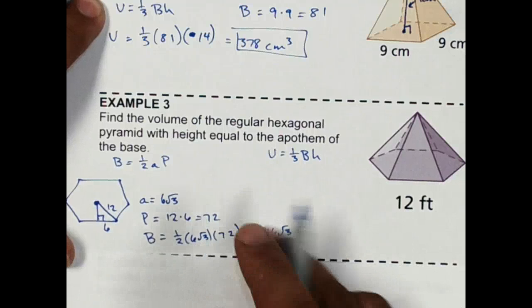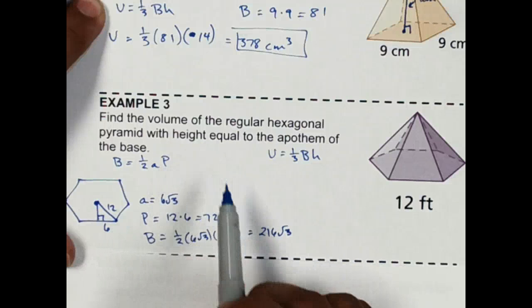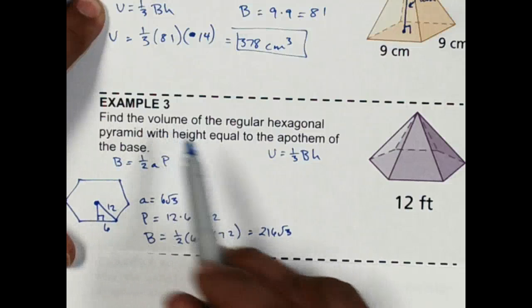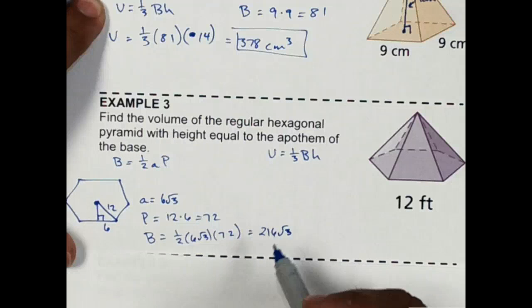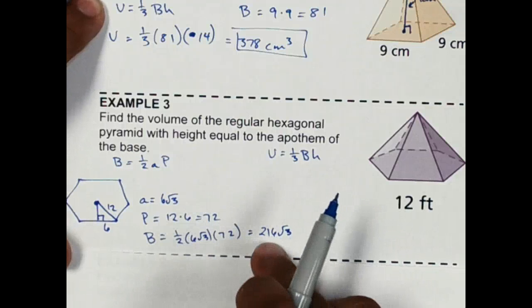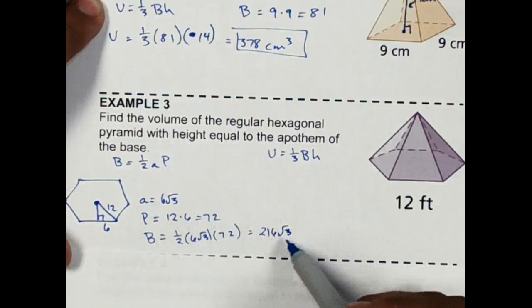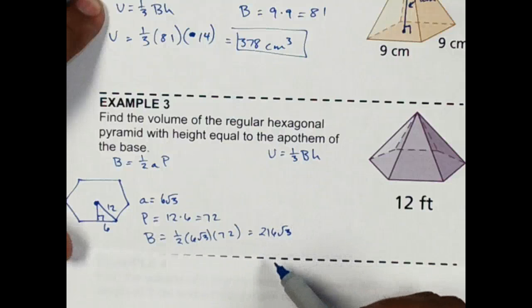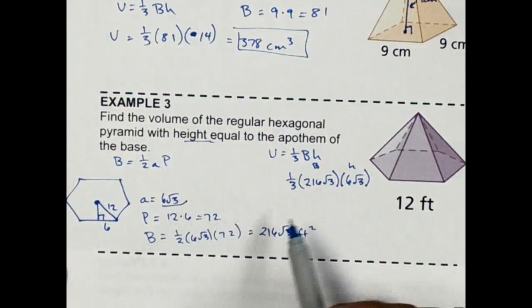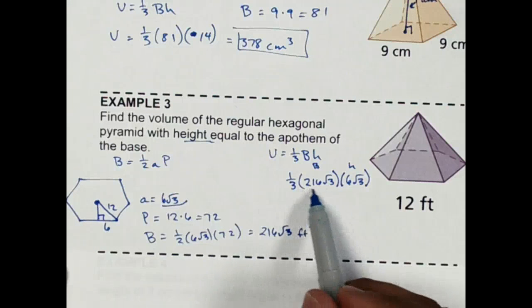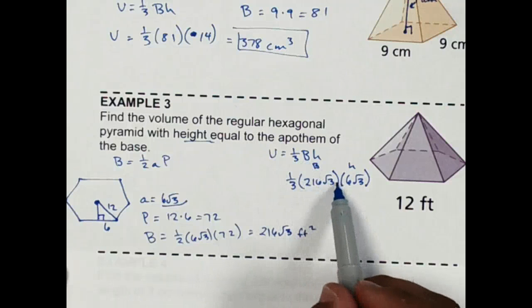Now I want to leave the square roots of 3 because I want to round. Actually, I don't need to round because it doesn't tell me to round here, so I need exact answers. But if it did, I would leave this till the very end so I don't get rounding issues.